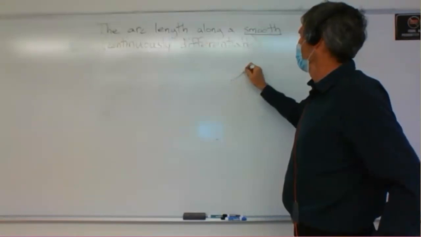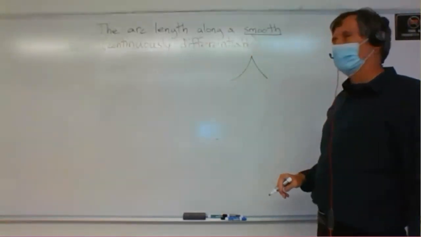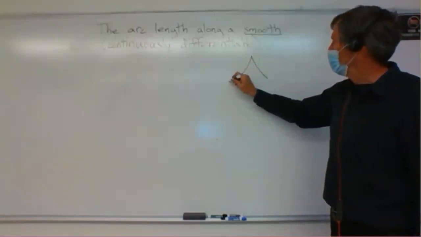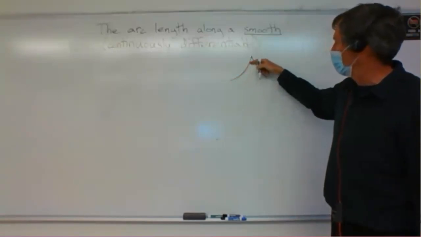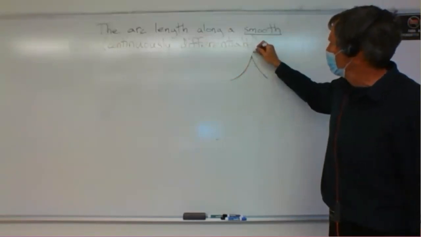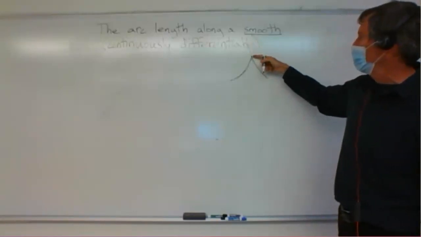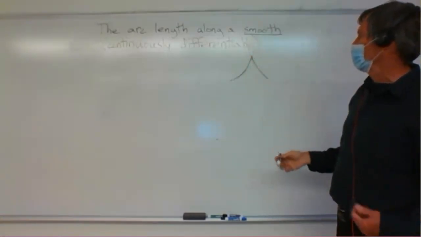Because if we have a curve that goes like this, is that continuously differentiable? It's not, right? It's got this corner. The slope of the tangent line is changing continuously as I move along the curve. But then I get up to here, it's got that slope on one side and that slope on the other. At that point, the derivative has a jump from positive to negative, and it's not a continuous derivative.